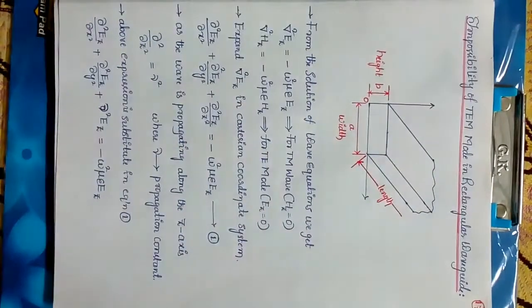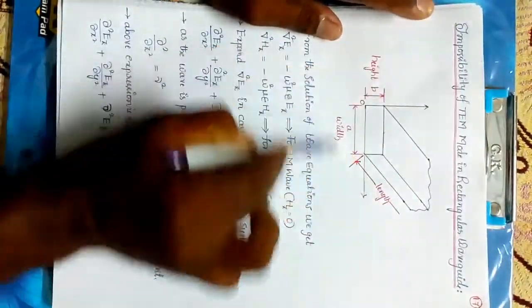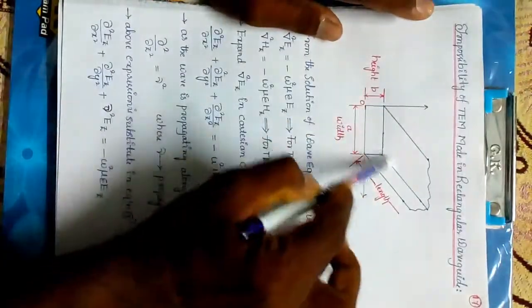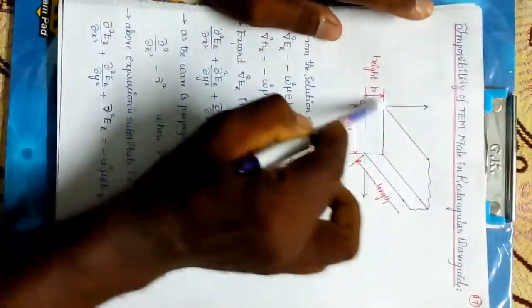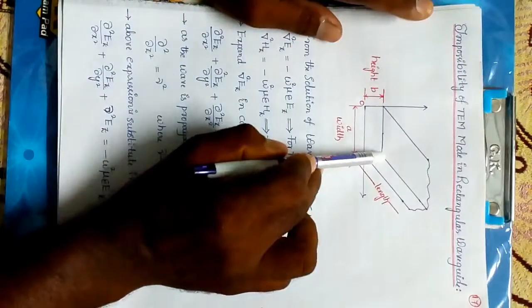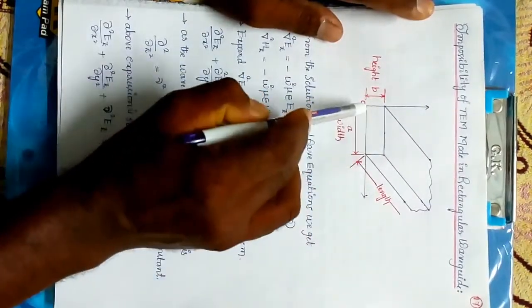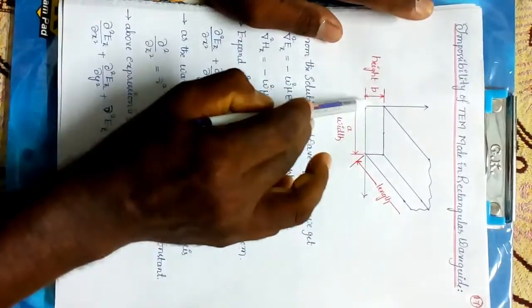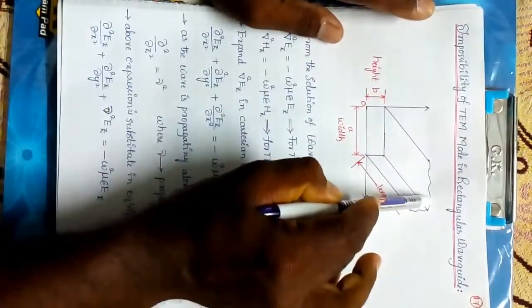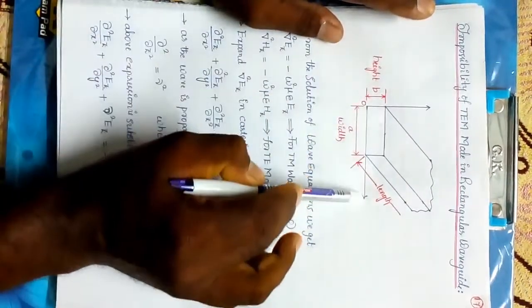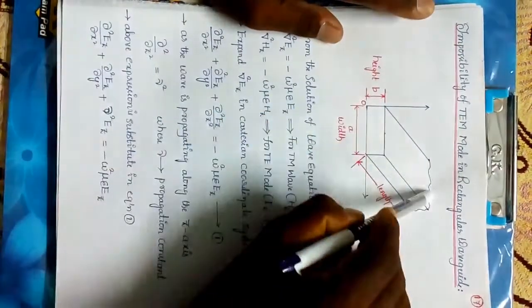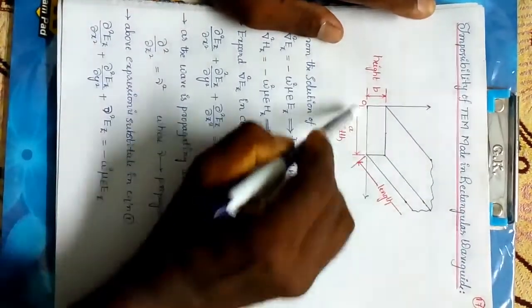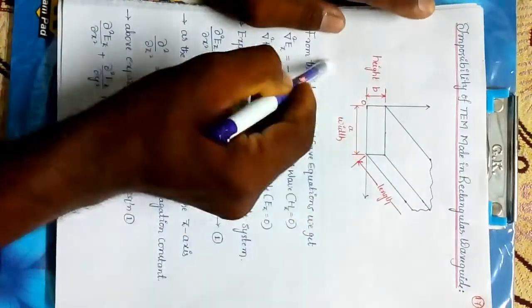Just remember, a rectangular waveguide in the sense that the waveguide is in the shape of a rectangle. I am taking the height of the rectangular waveguide on the y-axis, the width on the x-axis, and the length of the waveguide on the z-axis.